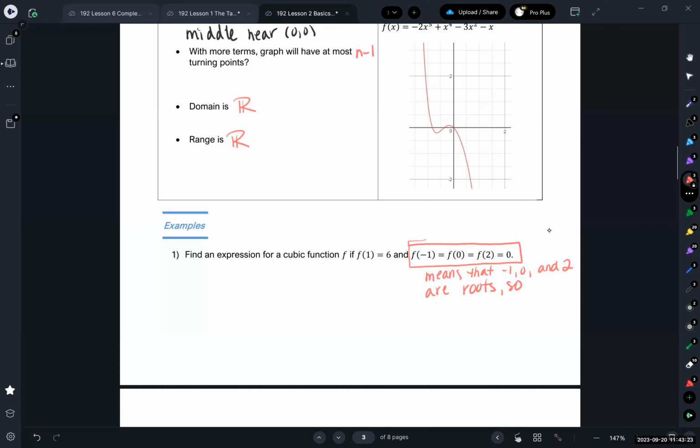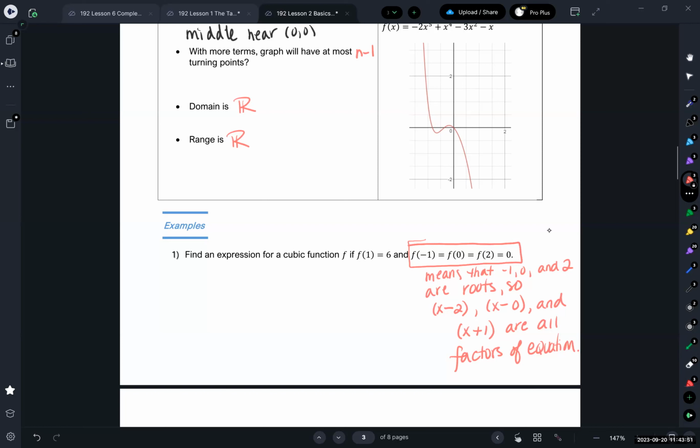It means that x minus each one of those, so x minus 2, x minus 0, which would just be x, and x minus -1 are all factors of its equation.